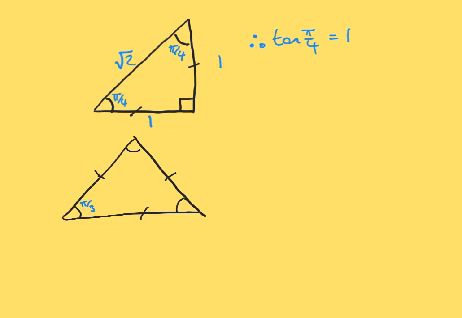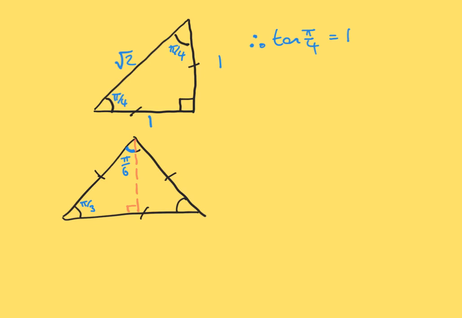Now, this is not a triangle with a right angle in it, but what we can do is drop a perpendicular, like this. This is now a right angle triangle, and this angle here is pi over 6.